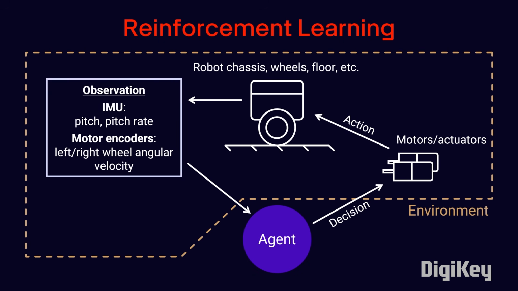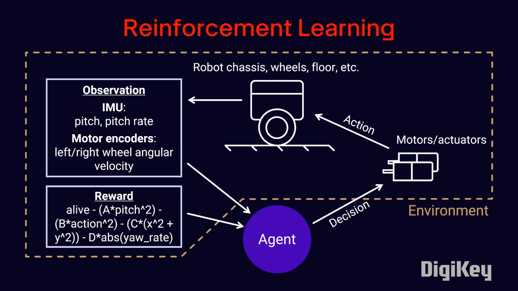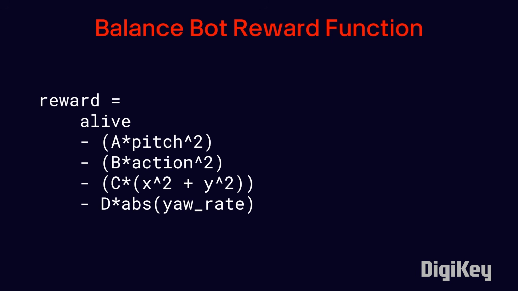During training, the environment is also responsible for generating a numerical reward that's sent to the agent so it knows how well it's doing. Designing the reward function is one of the most important steps in reinforcement learning, as it shapes the agent's behavior. We're going to use this reward for now. Note that this is computed at every time step, which is 5 milliseconds for this project. We'll start with a simple alive bonus, which just rewards some simple constant for having the bot not tip over.